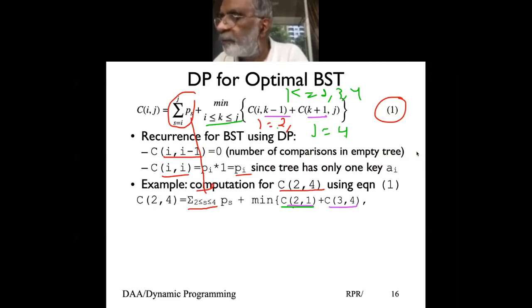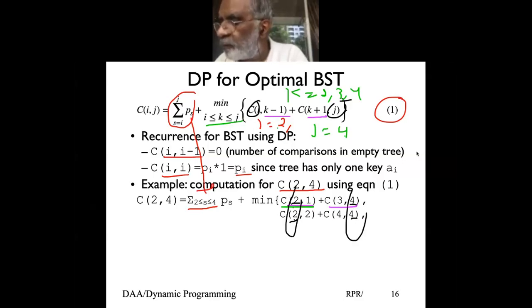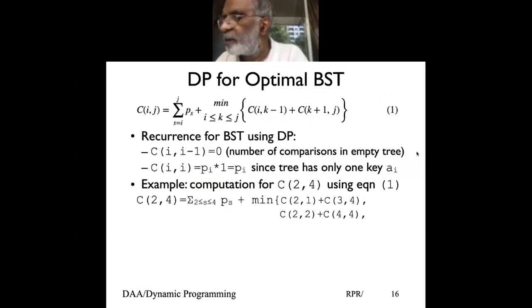Let me repeat again. When K is equal to 2, I get C(2,1) and C(3,4).